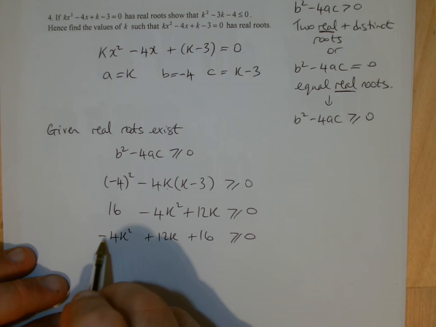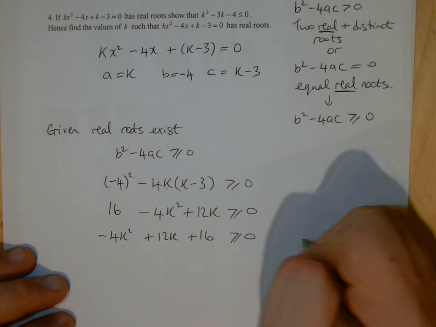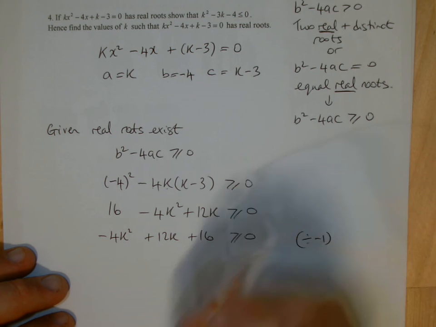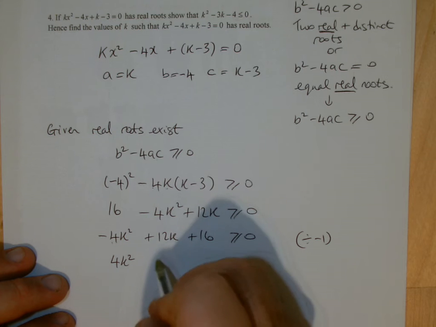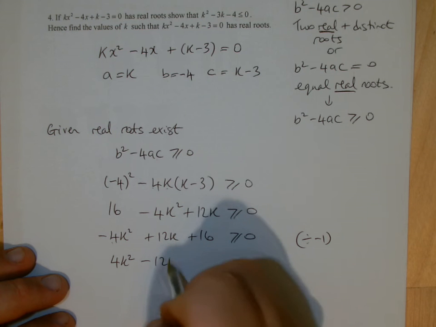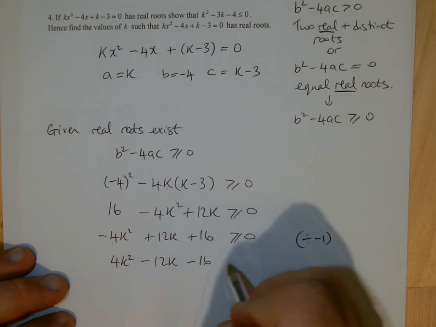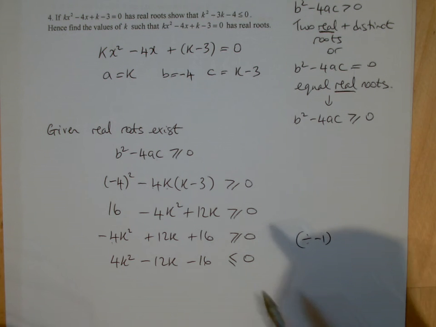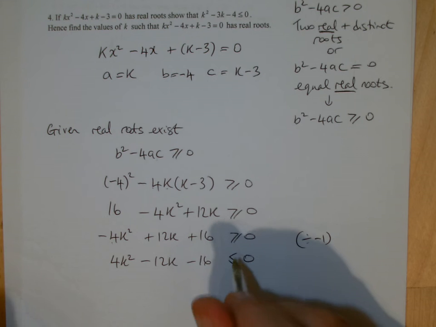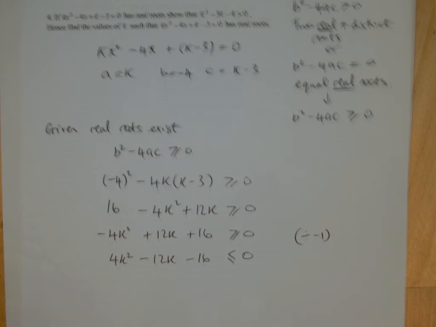We don't want to have a minus in front. So what we're going to do is change all the signs by dividing by minus 1. Divide that by minus 1, you get 4k squared. Divide this by minus 1, you get minus 12k and then minus 16. So all the signs change. But when you divide by minus 1, the direction of the inequality has to change as well. Whenever you divide by a minus in inequalities, the inequality direction changes.